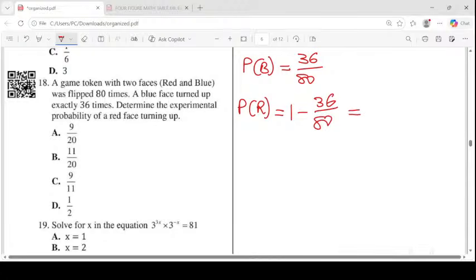When you take 1 minus 36 out of 80, you are exactly going to get 11 over 20. And this becomes the solution to question number 18. B for boy, 11 over 20 as the answer to that probability problem.